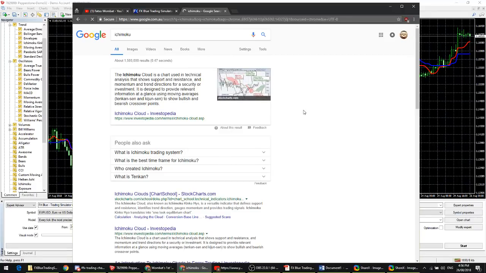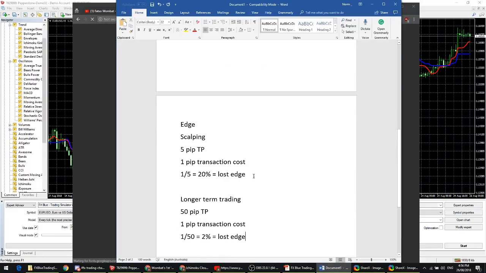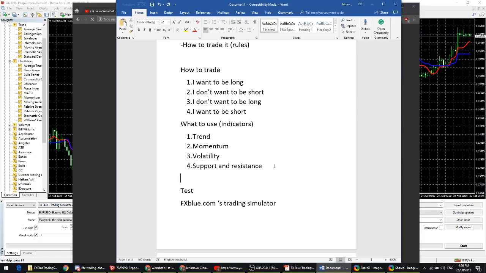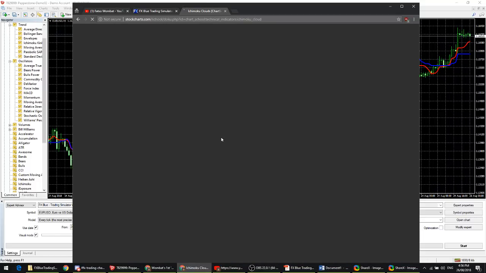And if you're looking up indicators, this website is good. Stock charts. They do talk about the indicators. Come on, Australian internet. Streaming and trying to look up the internet at once. Do not like.